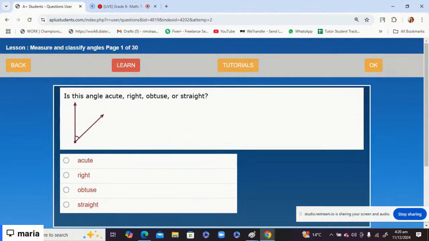Everyone tell me in the chat. Yes, everyone. It's an acute angle because it's less than 90.